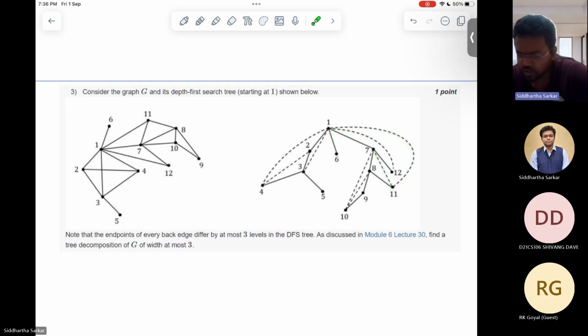So this is not exactly the question that you're asking. You're asking how one can find a nice tree decomposition. This is just giving an example of how one can find a tree decomposition using the DFS tree. To answer your question, how we can find a nice tree decomposition, let me just look it up.